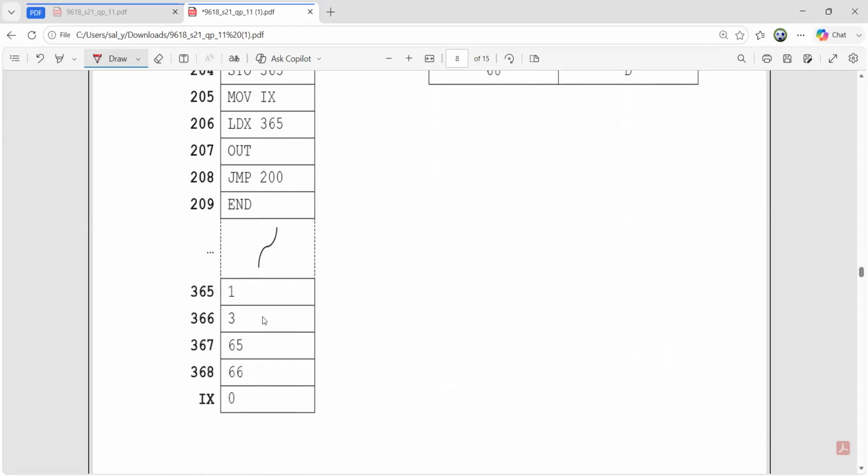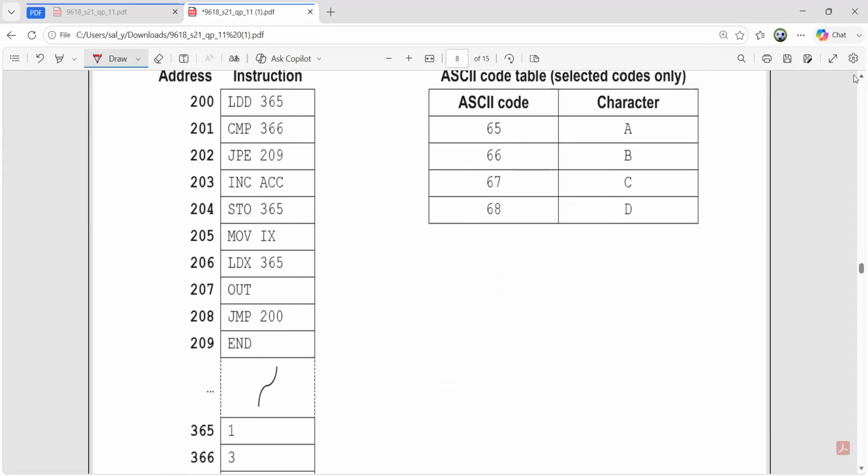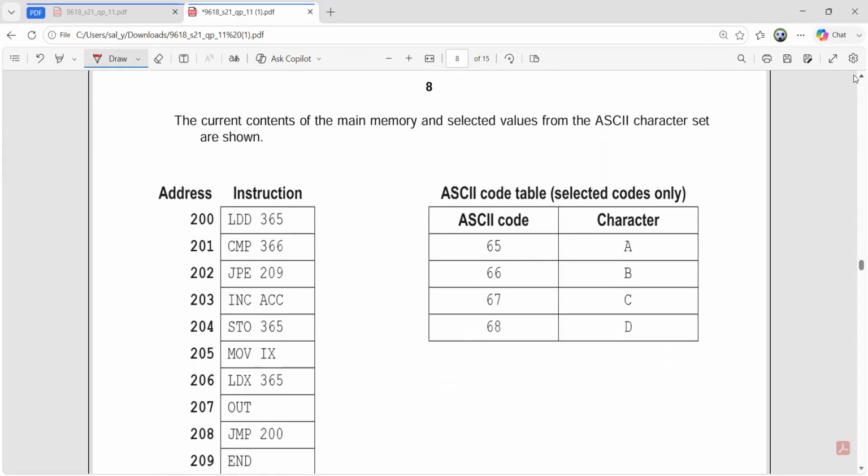Beside this, we can see 365 is holding 1, 366 is holding 3, 367 is holding 65, 368 is holding 66, and IX, the index register, is holding a 0 here. On the other end, we can see the ASCII code table. Only a few selected codes are mentioned here. That means A is 65, B is 66, C is 67, and D is 68.